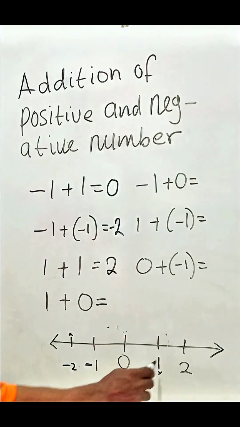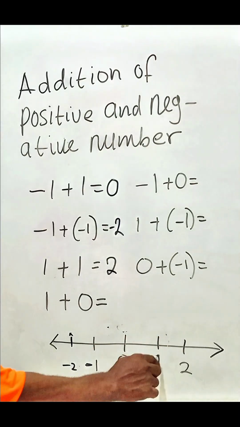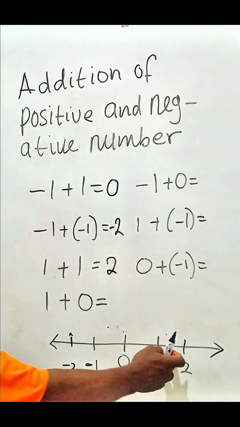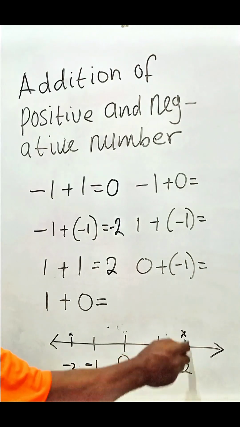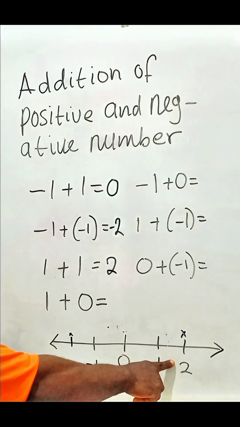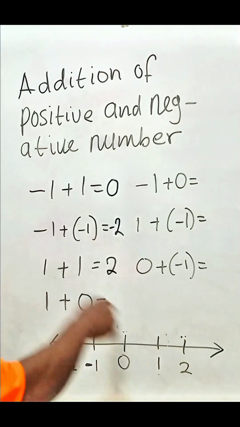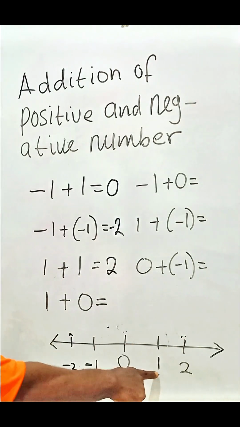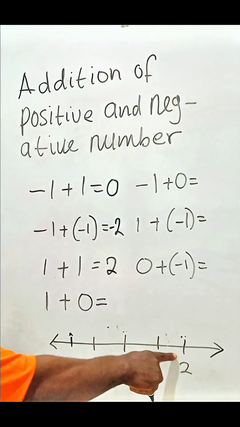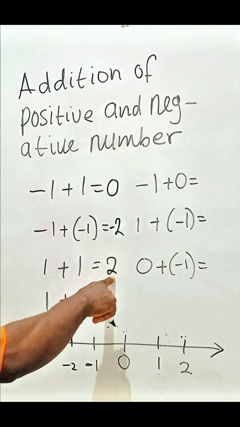So if we start from 1 and we move 1 unit to the right, we are going to stop at 2, positive 2. Therefore, 1 plus an additional 1 unit is equal to positive 2 units.